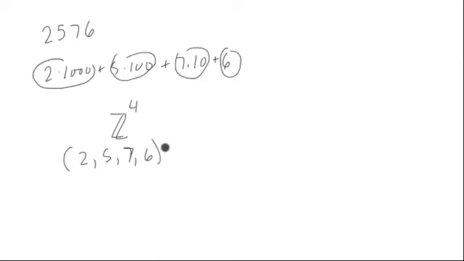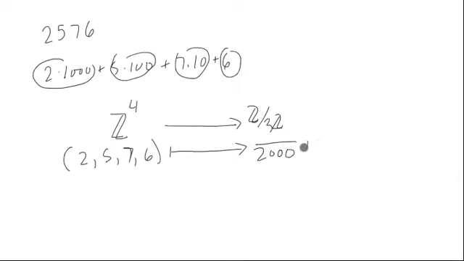And we're going to send this to an element in Z mod 3Z. And this is going to be sent to 2,000 bar plus 500 bar plus 70 bar plus 6 bar.